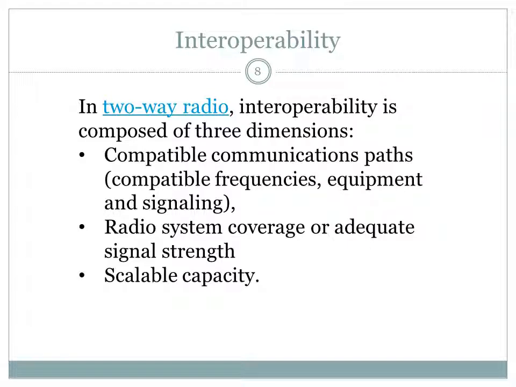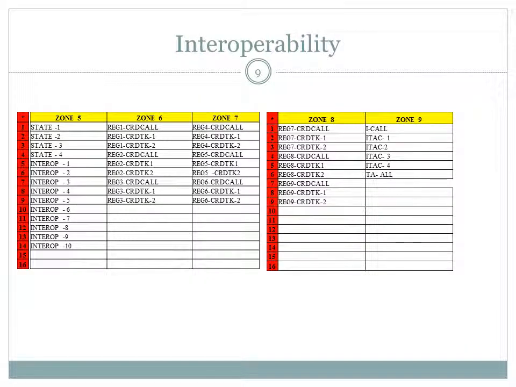In two-way radio, interoperability is composed of 3 dimensions: compatible communication paths, meaning compatible frequencies, equipment and signaling; radio system coverage, or adequate signal strength; and scalable capacity. In the previous slide, I gave you the book definition of interoperability.